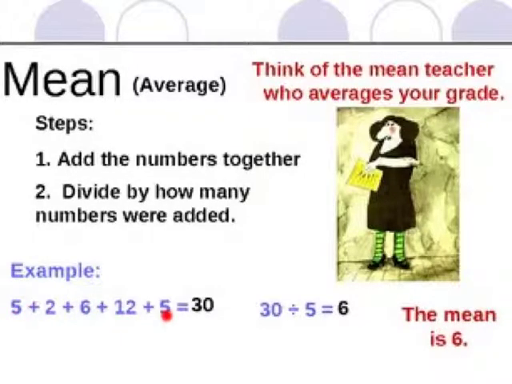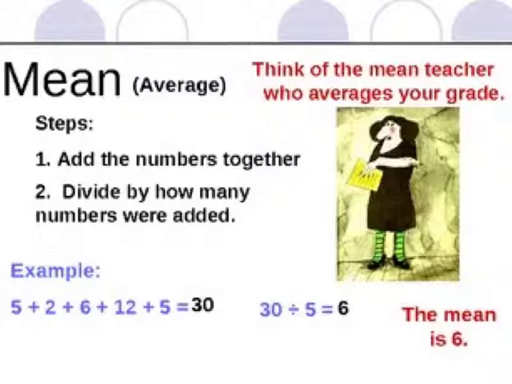If you add all of those numbers, you get 30, and there are 1, 2, 3, 4, 5 numbers, so 30 divided by 5 is 6. So in this case, the mean is 6. And remember, I want these last 3 frames in your notes.